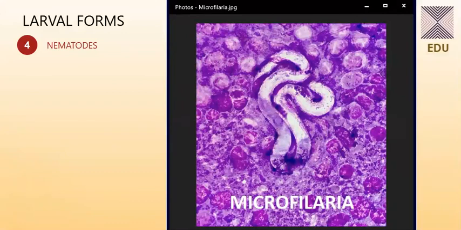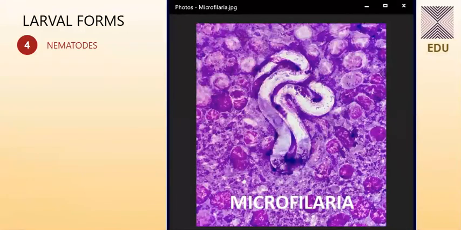Here you can see the larval form, the Microfilaria. It is present in the lymph glands of a particular animal. As these are parasitic forms, Microfilariae are also parasitic. These are present in the circulatory system or the lymph nodes of the animals.